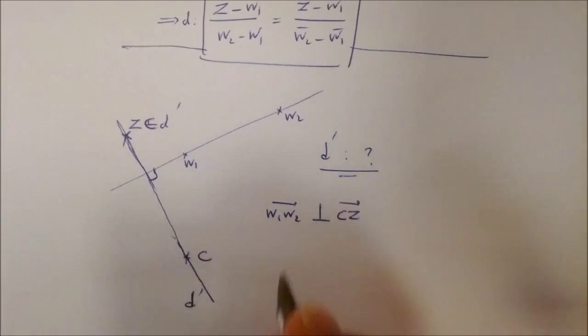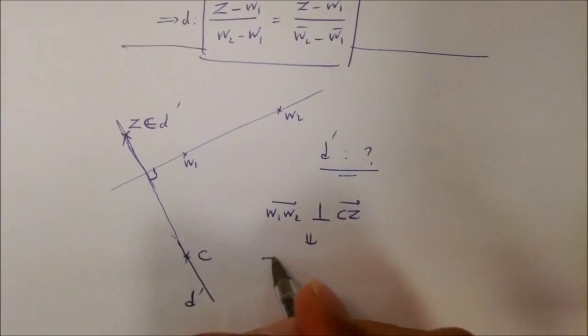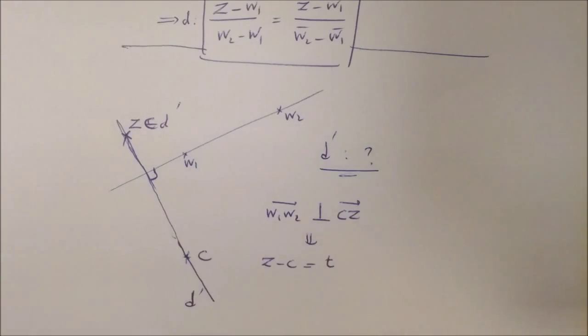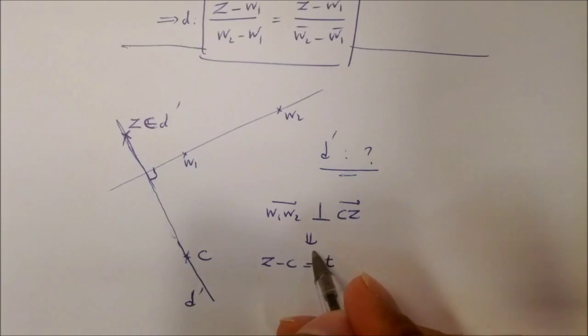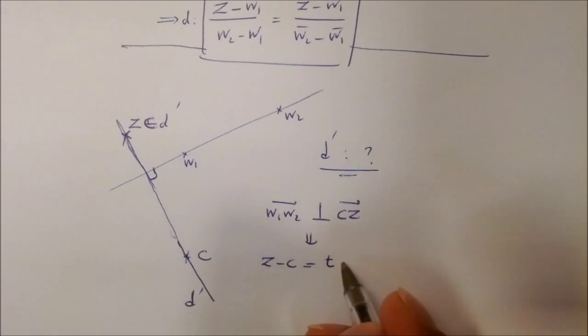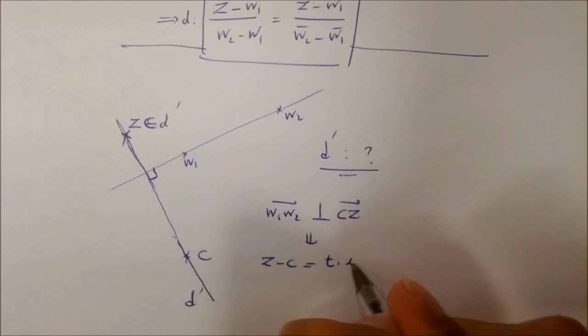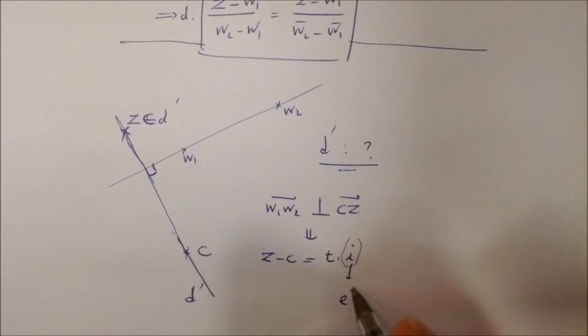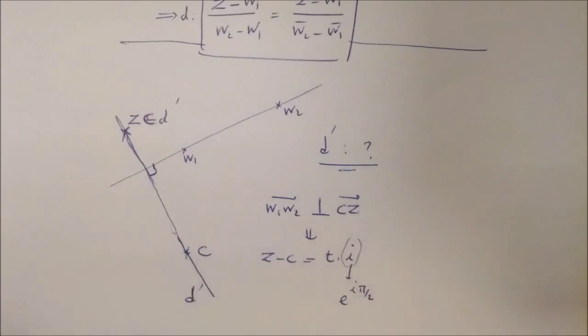cz. So in the complex numbers, I have z minus c equal to a factor t for the dilatation or contraction times i, or e to the power of i pi over 2.